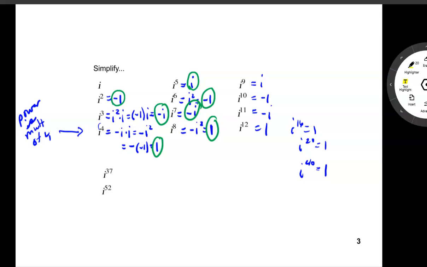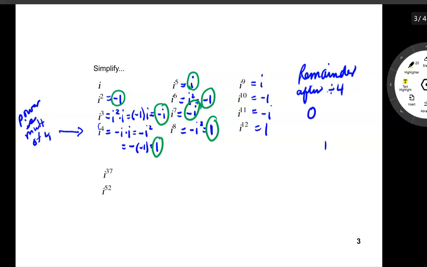So that's the first thing: if you can divide it by 4 and it comes out even, it's going to be 1. Okay, what if it isn't? If it isn't, then you look at the remainder after dividing by 4.